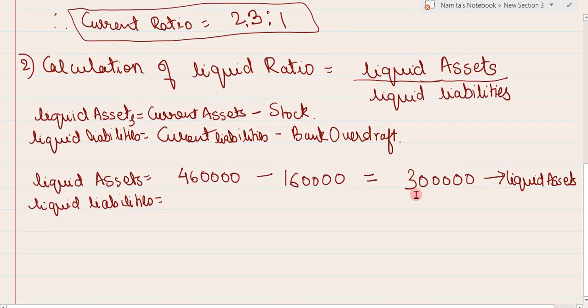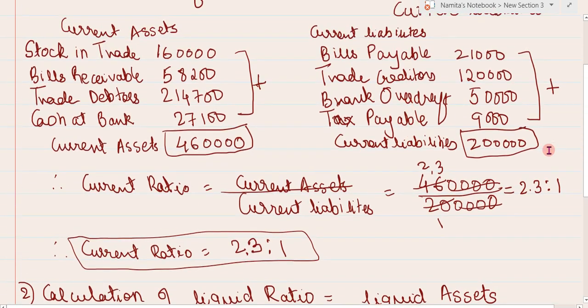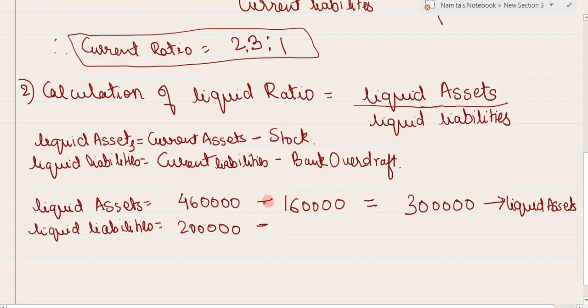So the total of current liabilities is 2 lakh minus bank overdraft. The value of bank overdraft is 50,000, so we get 2 lakh minus 50,000, which is 1,50,000. This is our liquid liabilities.